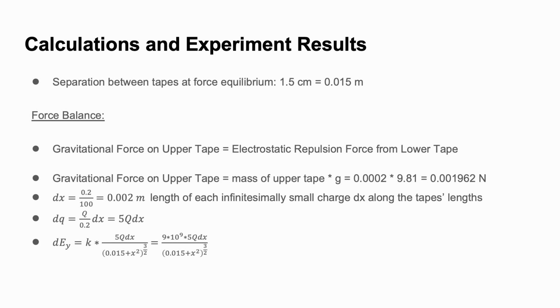Looking at the experimental results, the separation between the tapes at force equilibrium was 0.015 meters. Using this information, we equated the gravitational force acting on the upper tape to the electrostatic repulsion from the lower tape, and in this case we used the distributed charge equation for the electric field.